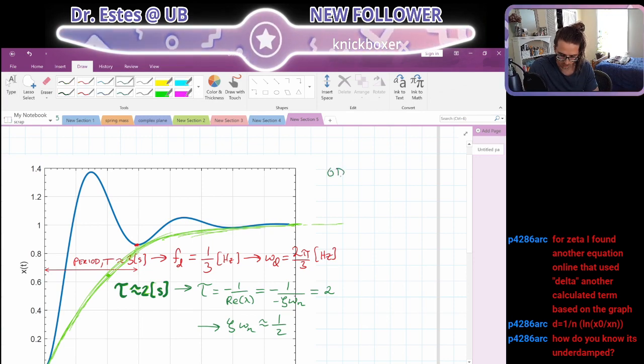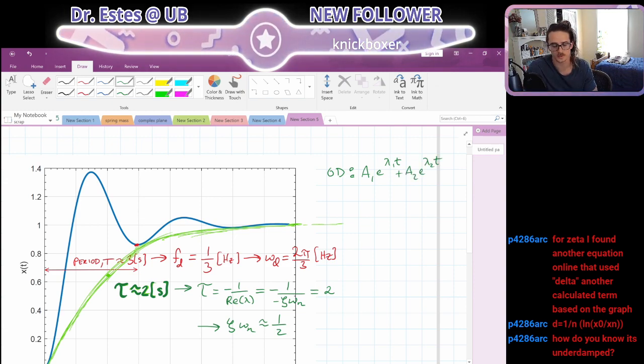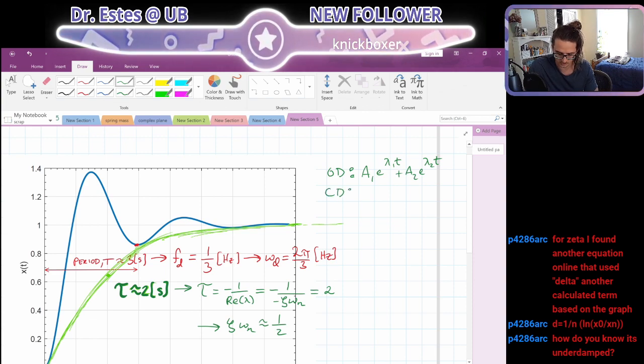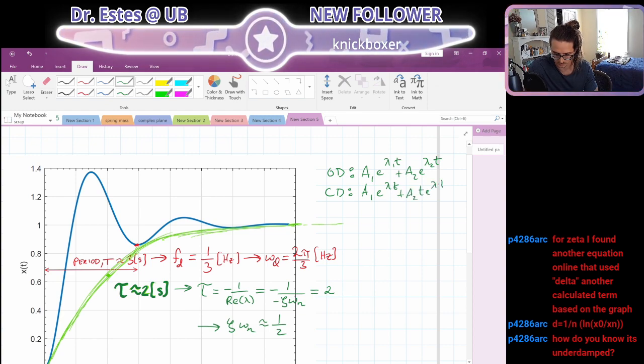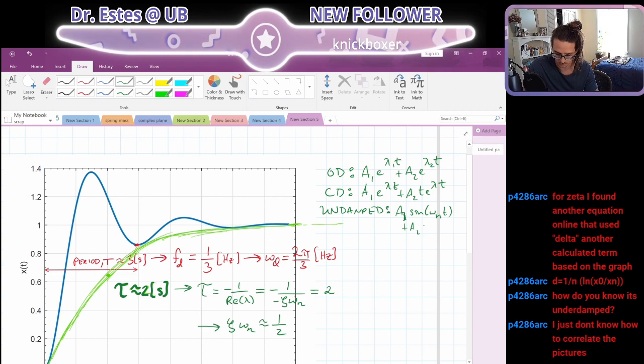Like overdamped, you have this, just like 2 exponentials. If you have critically damped, you have repeated real roots, so it's like a2 t e to the lambda t. If you have undamped, you just have pure sinusoids, omega n t plus a2.